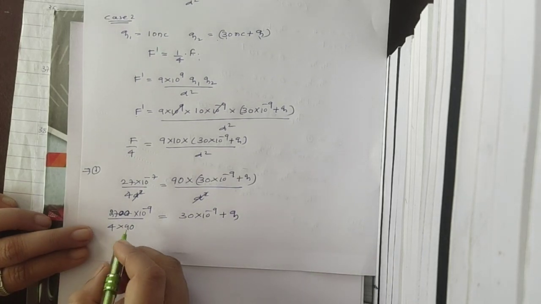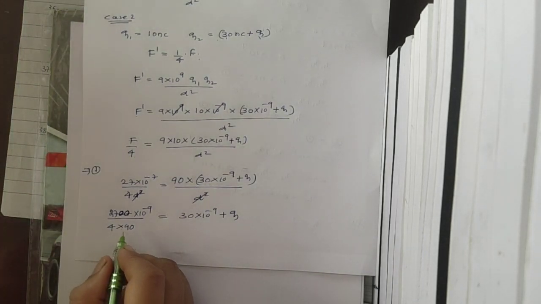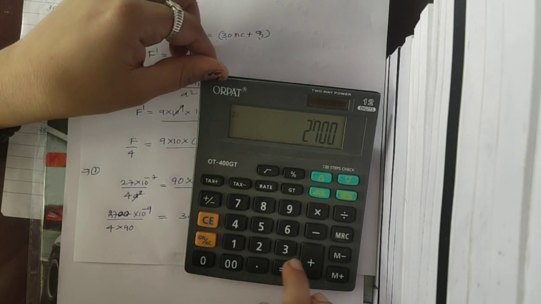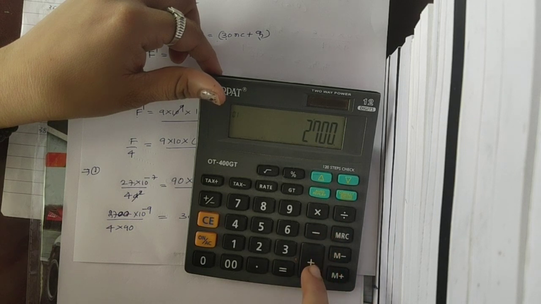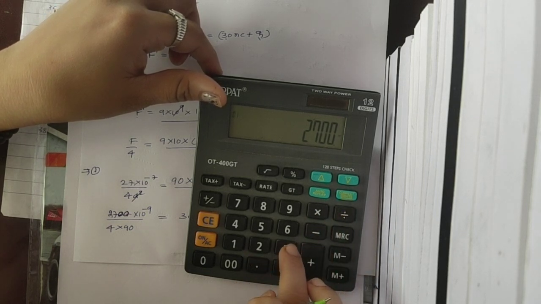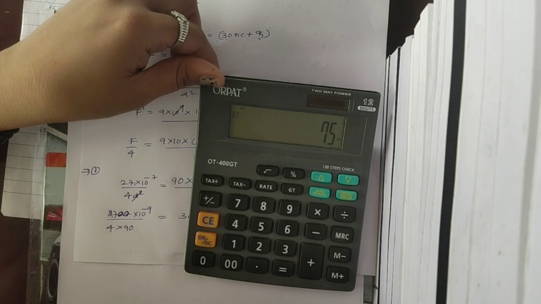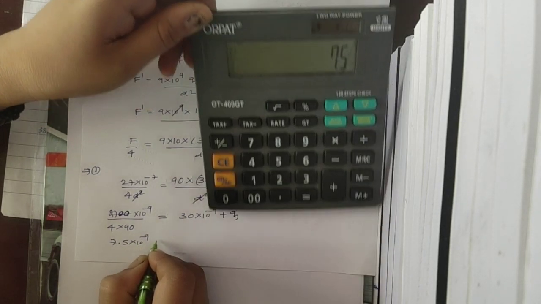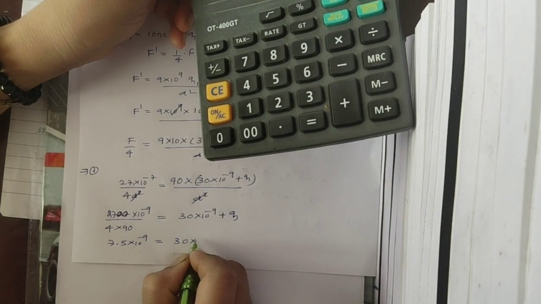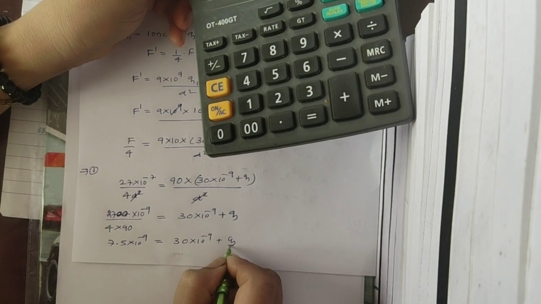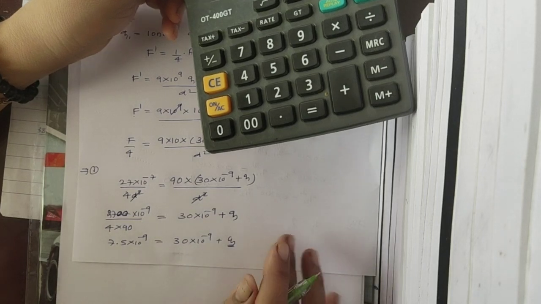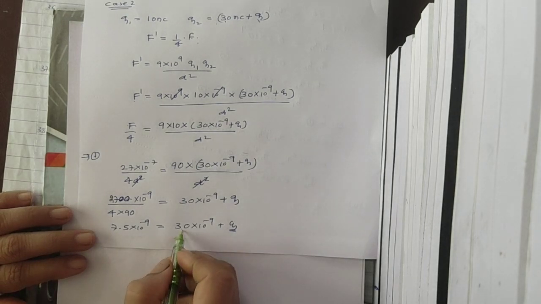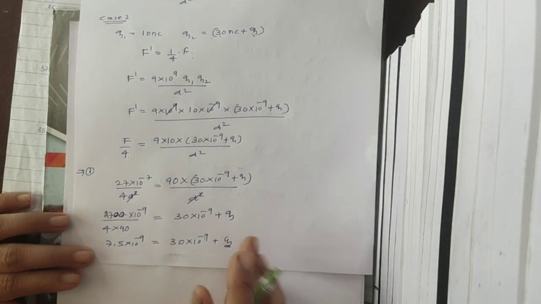Simplify this: 2700 divided by 360 is 7.5. So 7.5 into 10 to the power minus 9 equal to 30 into 10 to the power minus 9 plus Q. Keep Q on this side, and take 30 into 10 to the power minus 9 to the other side.